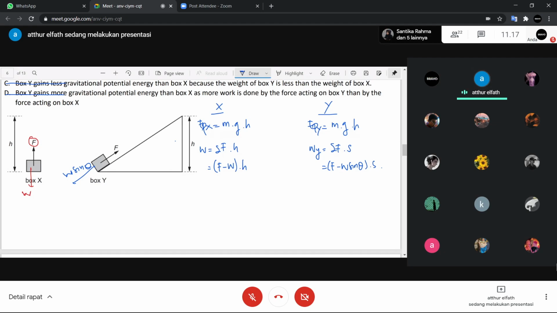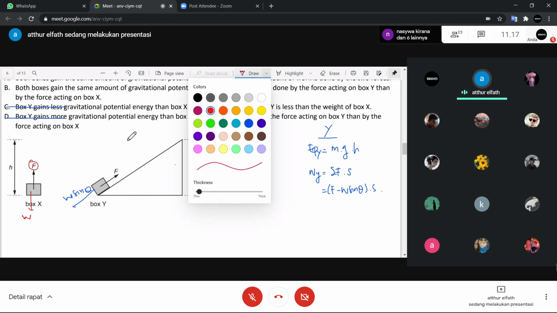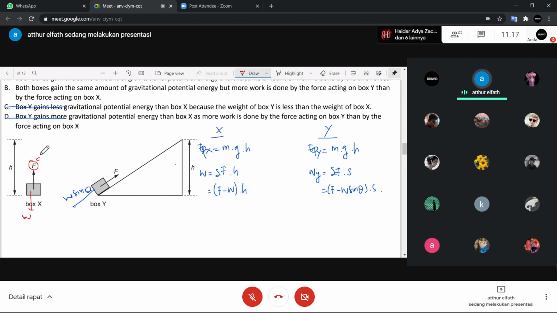For instance, I want to assume that the force is the same and the height is the same. So let's make the assumption that the force is 20 newton, and let's say the height is 3 meter. So the height of this is the same, 3 meter, and the mass of the box is 1 kilogram.